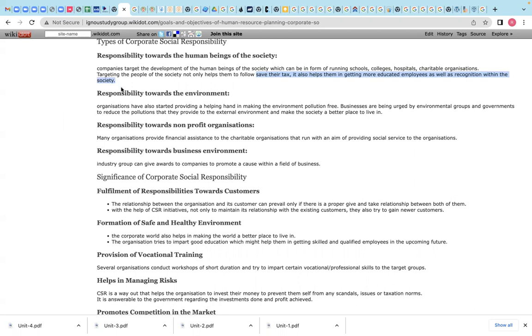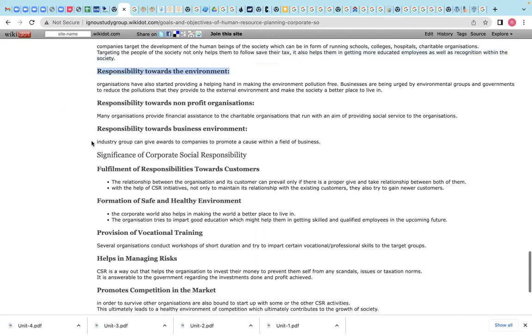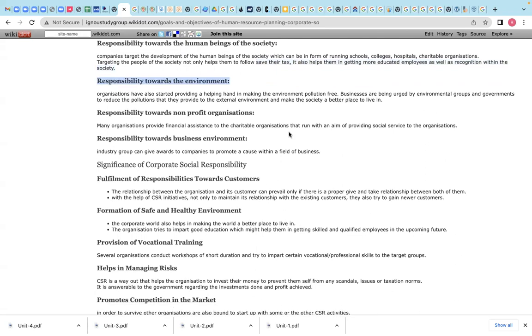Next is responsibility towards environment. Okay, the next point. So this is the examples that I gave a little before, like planting trees, cleaning up lakes, reducing the overall pollution of the environment. A lot of businesses who impact the pollution do go and try to correct those impacts by doing some CSRs like this.